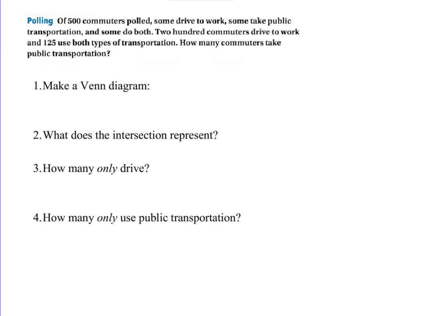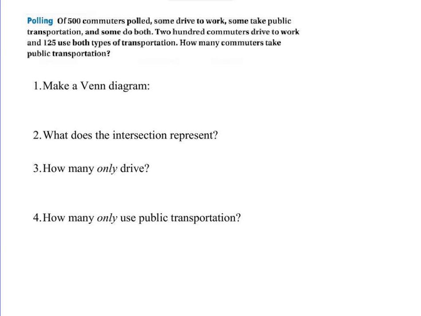Of 500 commuters polled, so we surveyed 500 people. Some drive to work, some take public transportation. Public transportation would be a bus or a train, a subway, something like that. Some do both. 200 commuters drive to work and 125 use both types of transportation. How many commuters take public transportation?